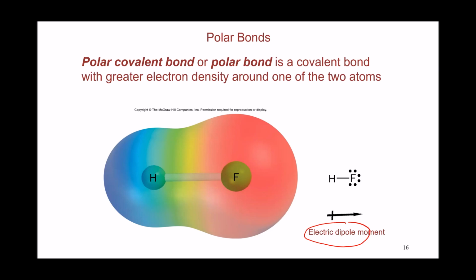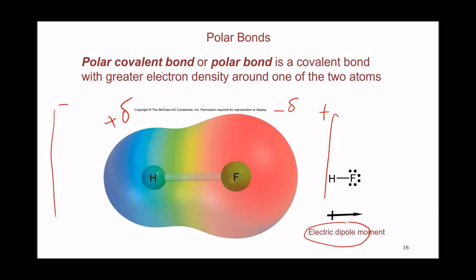If you put a compound that is polar like this in an electric field, it's going to orient itself so that the negative end will be towards the positive electrode and the positive end will be towards the negative electrode. So this is delta negative, this is delta positive, and that's how it will orient itself. And that is going to affect a lot of other molecular properties that we will discuss later on.